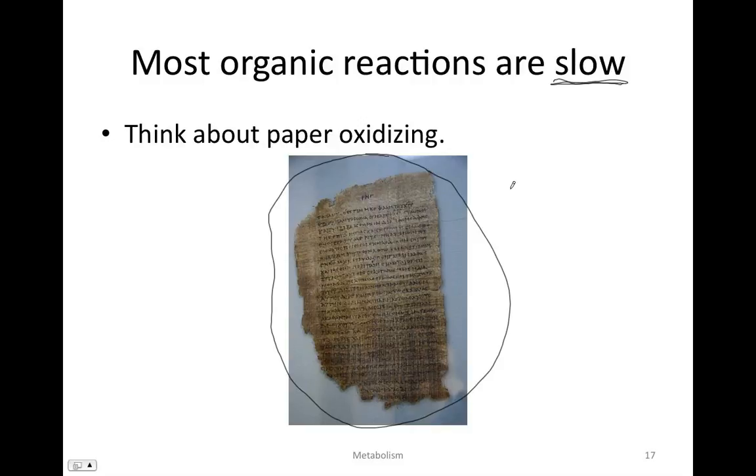But it's going very, very slowly. The reactions of organic chemistry are mostly slow, and organic chemistry is the kind of chemistry that happens in cells. But cells don't have to wait around for reactions to go that slowly because they have enzymes.